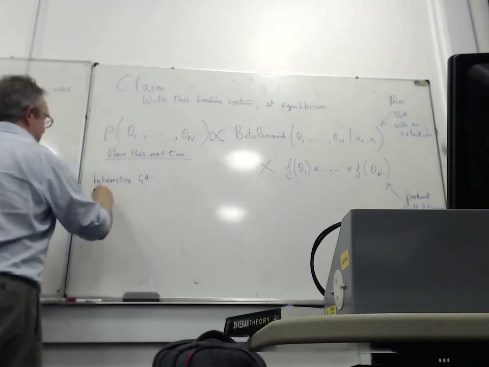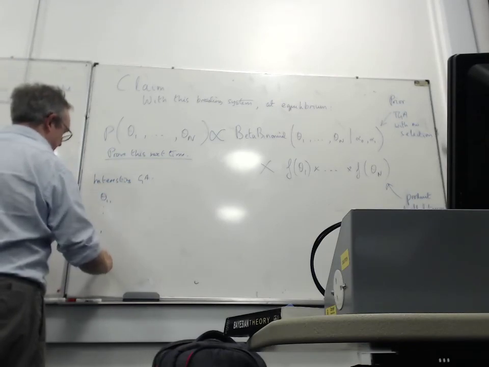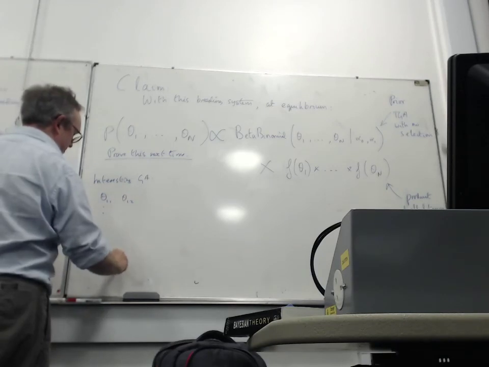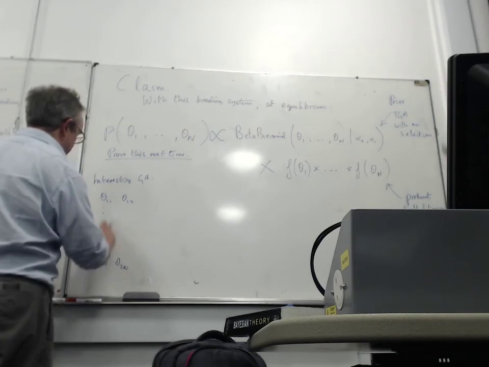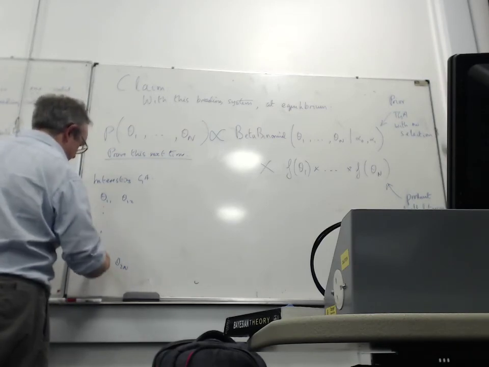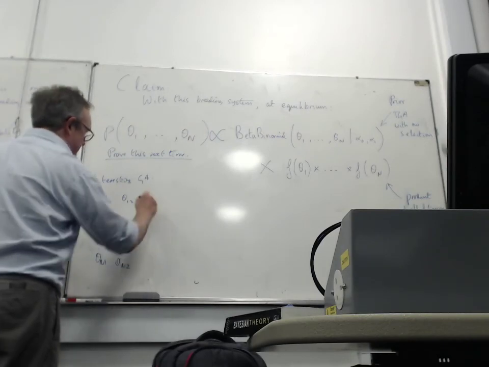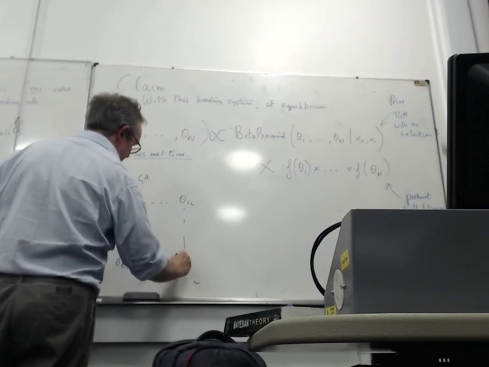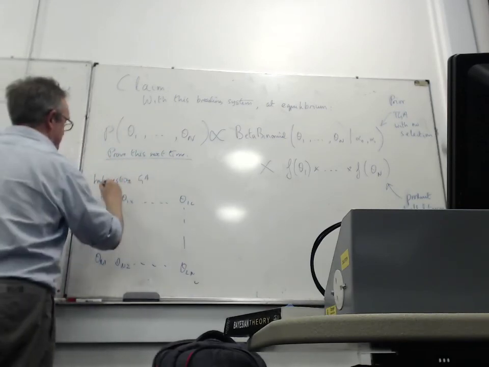We've got theta 1,1 to theta 1,n, theta 2,1 to theta 2,n, and this is an interesting GA.